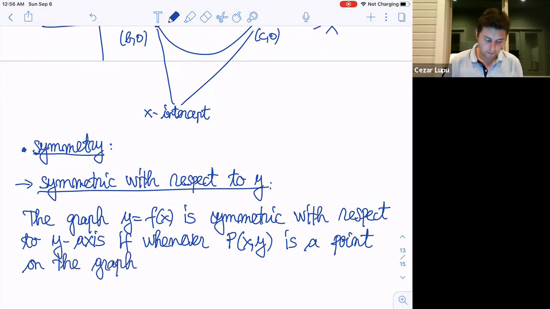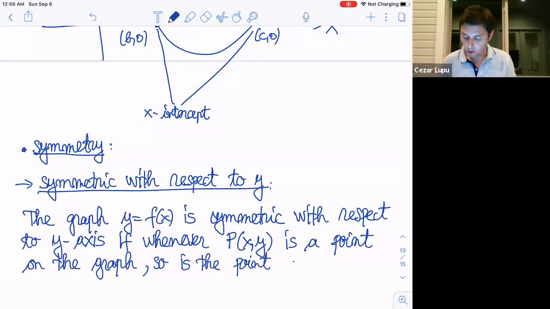so is the point, let's say, Q of coordinates negative x, y. We will call this the mirror image. This point Q will be the mirror image of the point P, right?